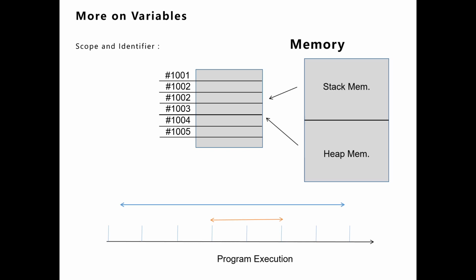As you can see, the line below tries to explain the program execution time. During this entire program execution, you might require a variable and some value in it. Those are termed global variables. We declare it globally so that anyone can access it from anywhere, and it should remain alive for the entire program execution time.